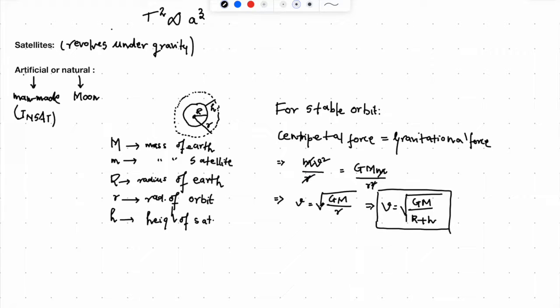We can also modify it further. If let's say the satellite is on the Earth's surface, then the force acting on it is nothing but mg, mass into acceleration due to gravity, which is equal to, again, the relation GMm by r square.